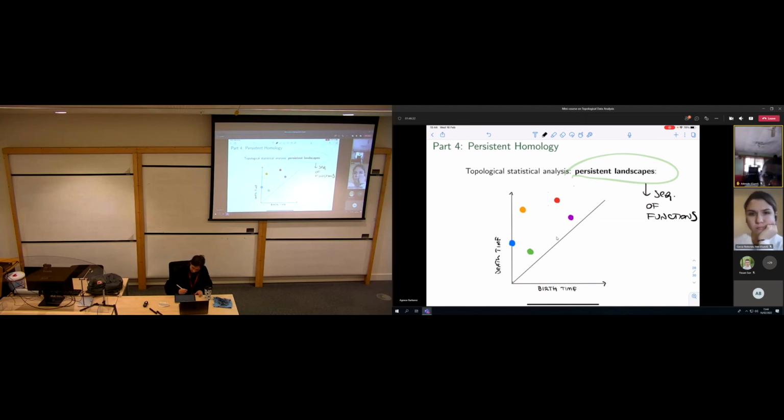If you start from the persistent diagram, something that looks like that, a set of dots representing your features, you can take the vertical and horizontal projections on the x equal y line of all the dots, like I'm doing. Okay?